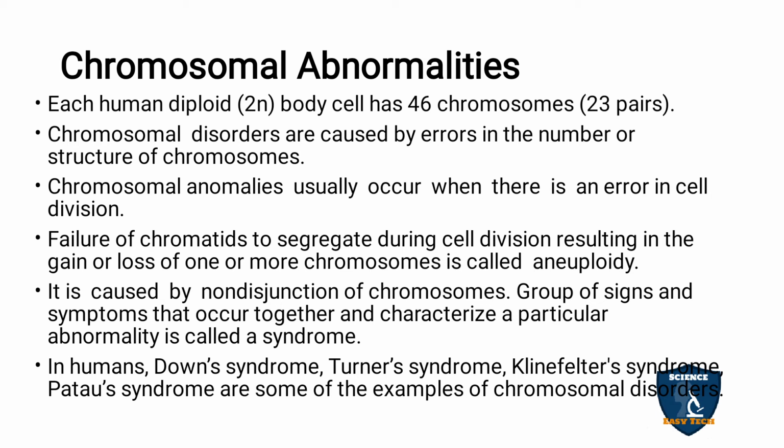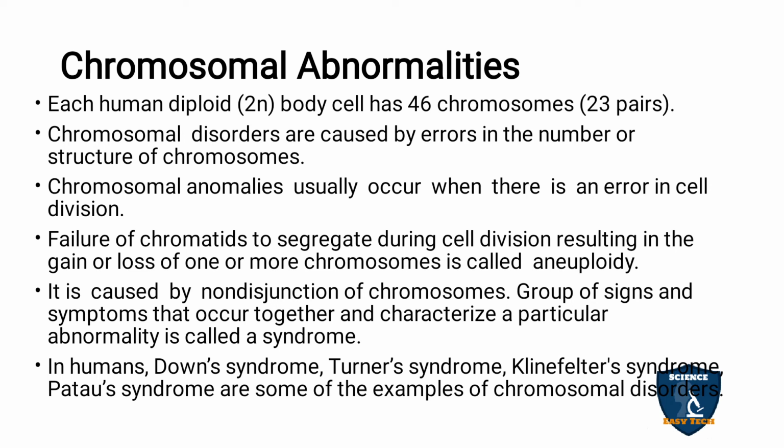How does it occur? During cell division. The chromatids fail to segregate in meiosis, which may lead to the gain or loss of one or more chromosomes, called aneuploidy. Aneuploidy means one or two chromosomes fail to separate during meiosis or mitosis, leading to the addition or deletion of a chromosome.